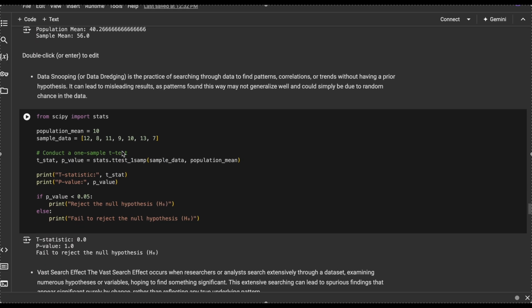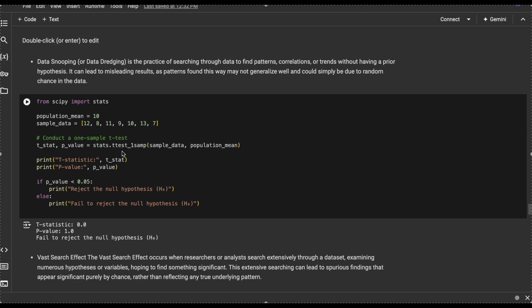Data snooping is a practice in data analysis where the researcher searches for patterns in the data without predefining a hypothesis. This approach can lead to misleading results, as some patterns may be random and not reflect genuine underlying trends. Data snooping often occurs when analysts explore and test different hypotheses on the same data set, hoping to find a statistically significant result.